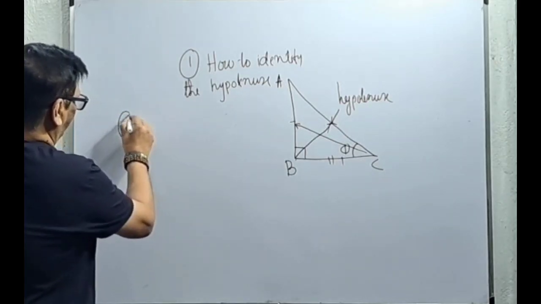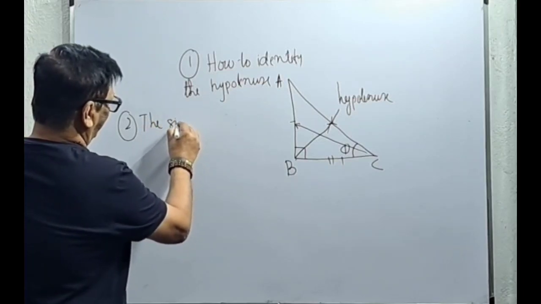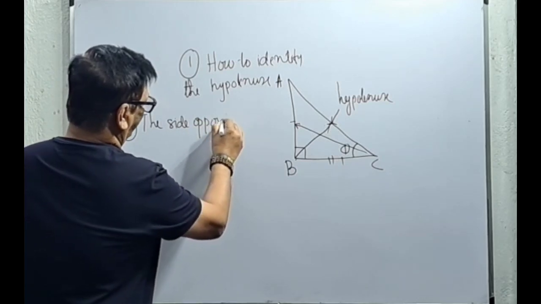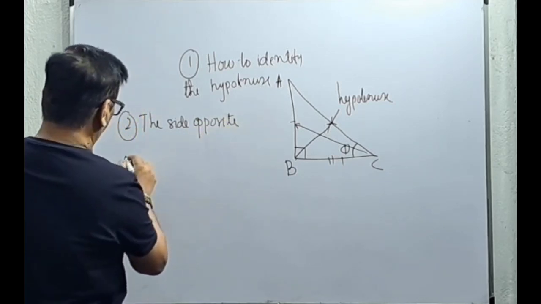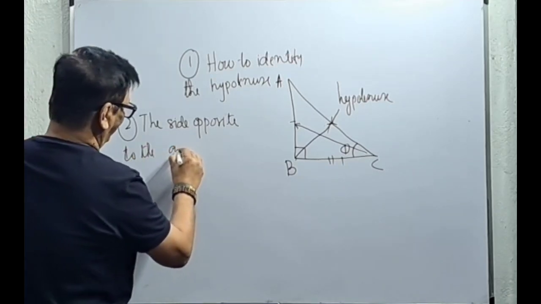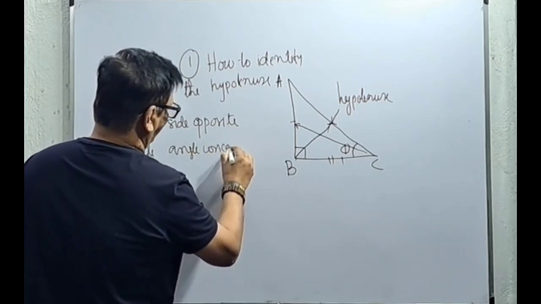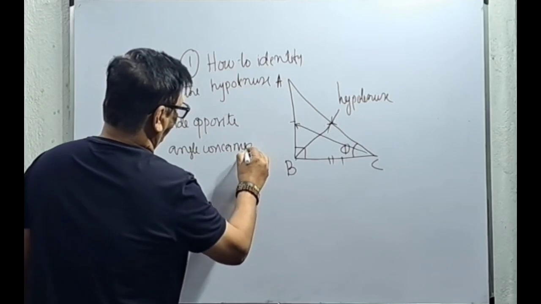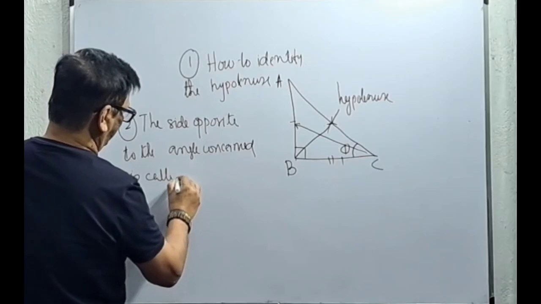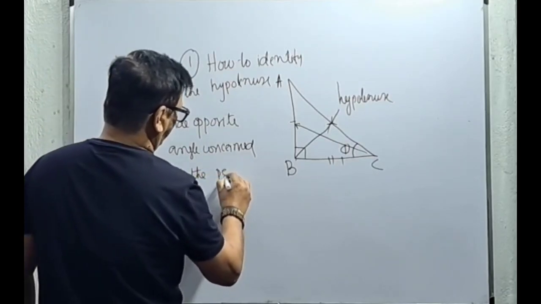Number two, the side opposite to the angle concerned is called the perpendicular.